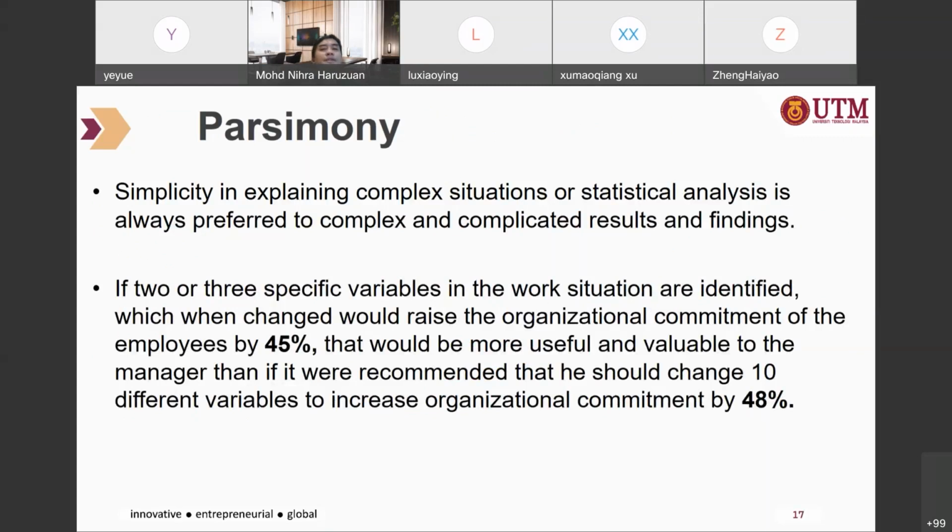If two or three specific variables in the work situation are identified which, when changed, would raise the organizational commitment of the employee by 40%, 45%, that would be more useful and valuable to the manager than if it were recommended that he should change 10 different variables to increase organizational commitment by 48%.